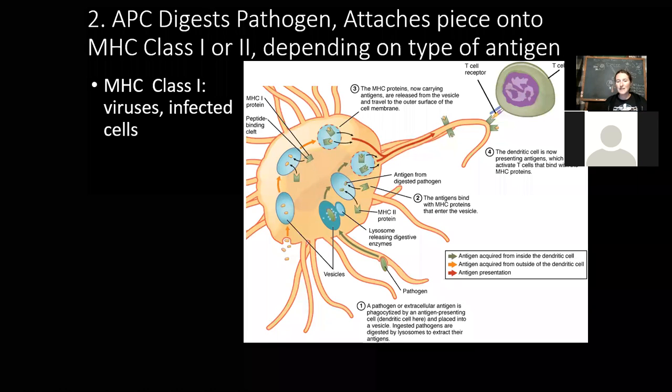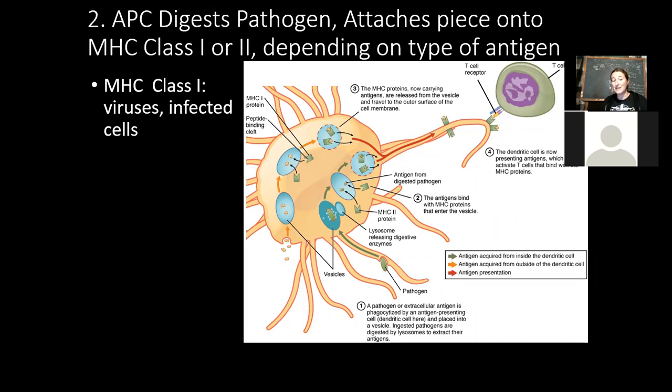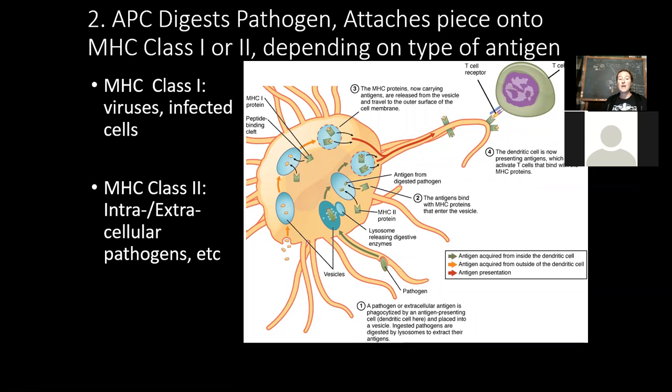Just a little bit of a side note, very relevant now, right? What I'm trying to get at here is that MHC class 1s are great at presenting infected cells. Usually this is associated with something like a virus. MHC class 2 are more universal. They can present either intra or extracellular pathogens, right? So just the normal old bacteria that's floating around, or they can present infected cells as well.